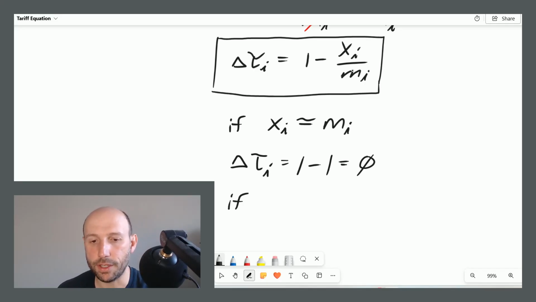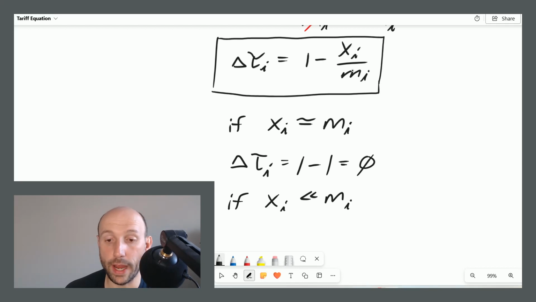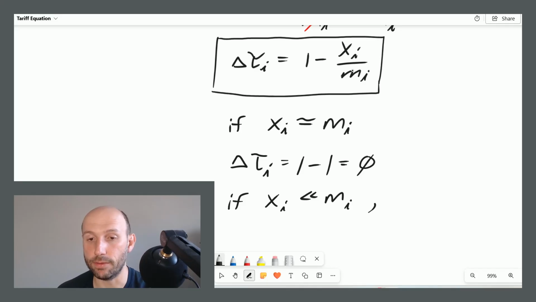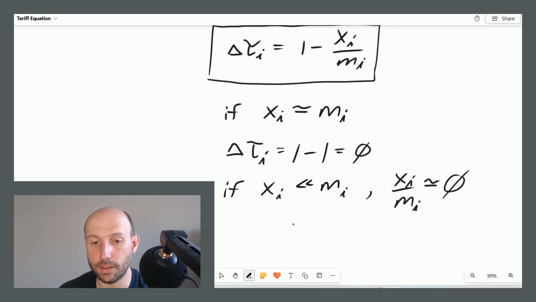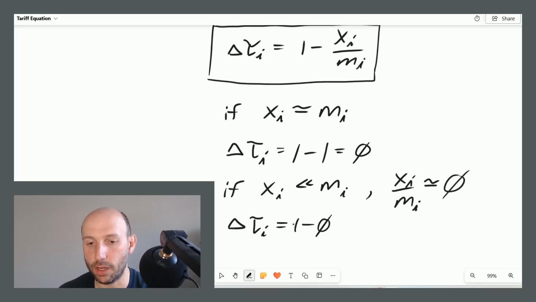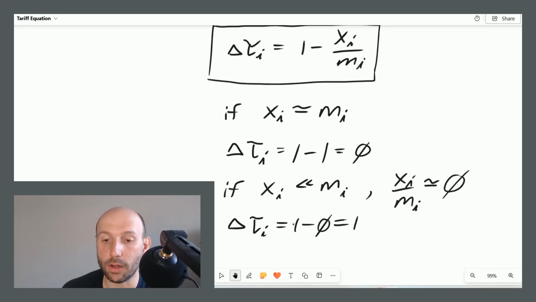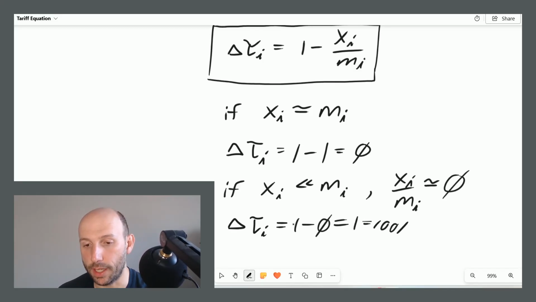Now, if you have exports much, much smaller than imports, or way more imports than exports, then xi over mi is a small number divided by a much bigger number, so that's approximately 0. And so your delta tau i is approximately 1 minus 0, which is 1, or in percent terms, 100%.